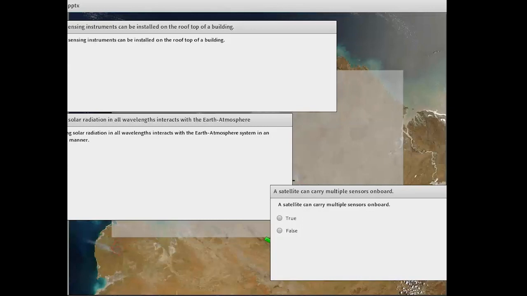One: a remote sensing instrument can be installed on the rooftop of a building. True or false. Second: the incoming solar radiation in all wavelengths interacts with the Earth atmosphere system in an identical manner. Again true or false. And third: a satellite can carry multiple sensors on board.